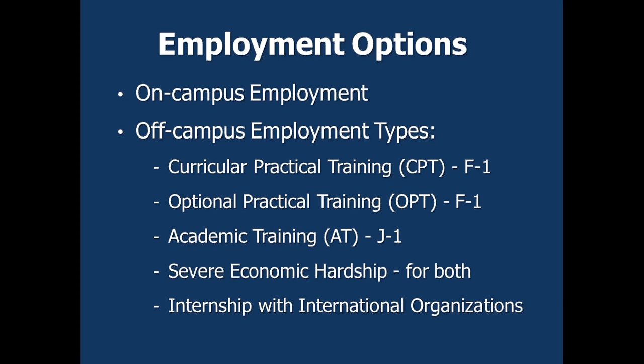Academic Training, or AT. This is available to J1 students only. Severe economic hardship. This is available to both F1 and J1 students. Finally, there is the internship with international organizations. This is also available only to F1 students.